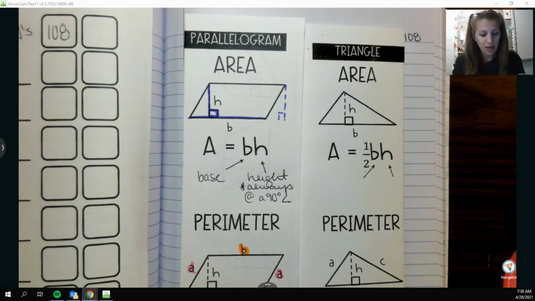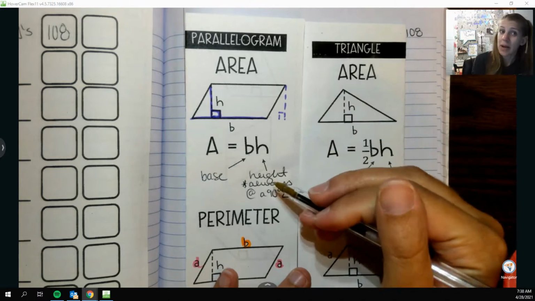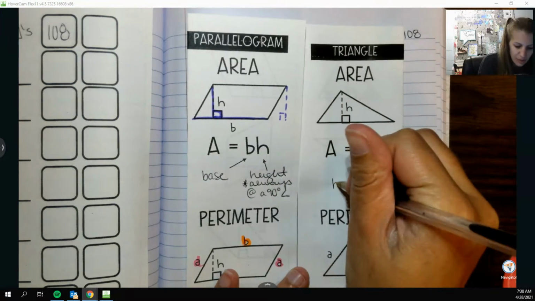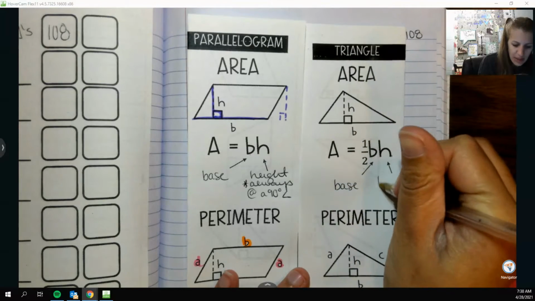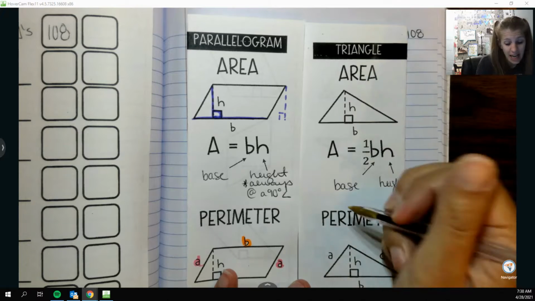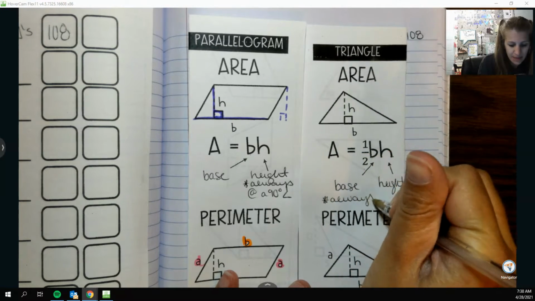So when I'm finding the area of a triangle, it's base and height like a parallelogram was, but it's half that. So B is still base, H is still height, and then we take half. And there's still that big note there that we always have to be at a 90.